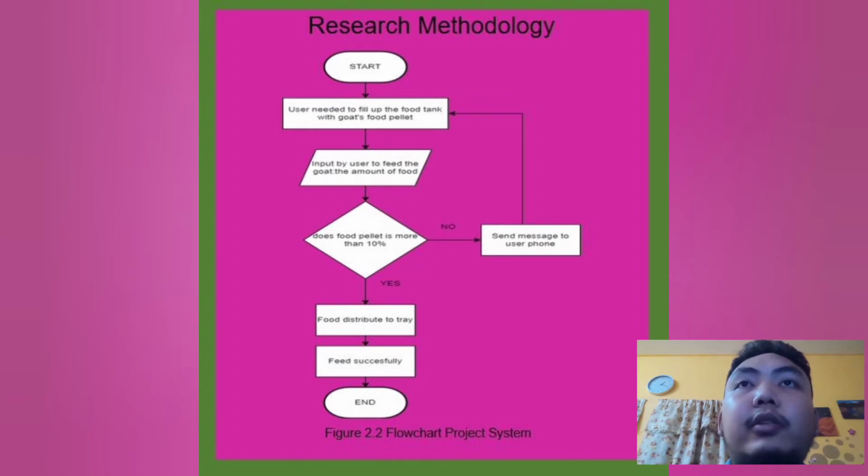After the user fills up the food tank, the system will check whether the food pellet is more than 10%. If no, it will send a message to the phone to show that the food is less than 10% and that the user needs to fill up the food. But if the food is more than 10%, then yes, it will distribute into the tray, and it will feed successfully in the end.